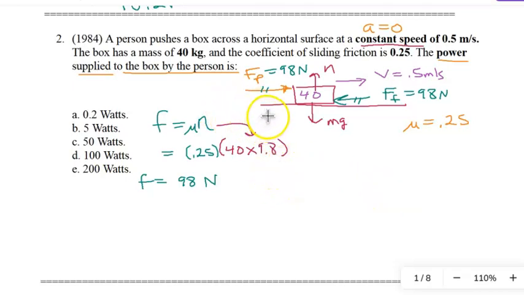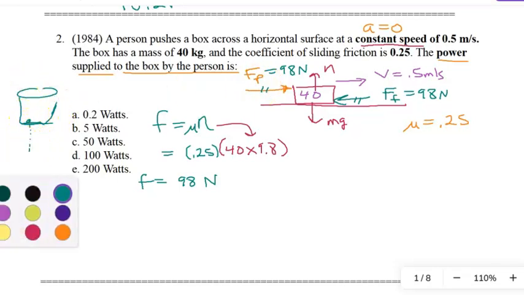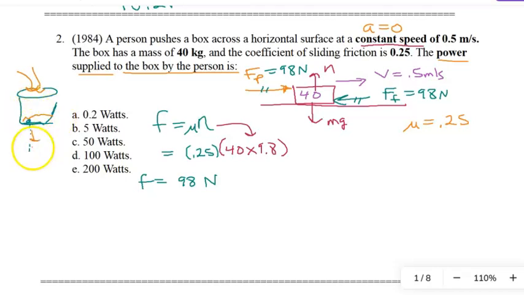Okay, so again, what is really tricky here is it looks like this isn't gaining any energy. It's not gaining height, and it has a constant speed. But what's happening is it's kind of like you have a bucket of water with a hole in it, and you are putting energy into the bucket. You're putting water into the bucket, but as quickly as you're putting water into the bucket, it is leaking out the hole in the bucket.